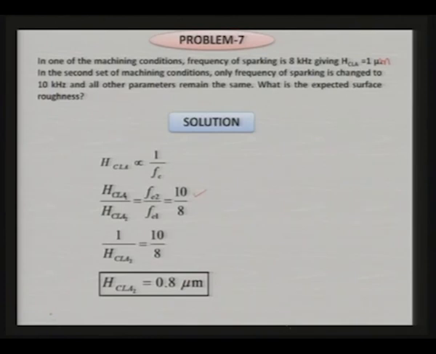So, you can see clearly that with 8 kilohertz the surface roughness value is 1 micron, and with 10 kilohertz, that means the frequency is increased, the surface finish definitely improves. So, you get 0.8 micron as the surface roughness value.